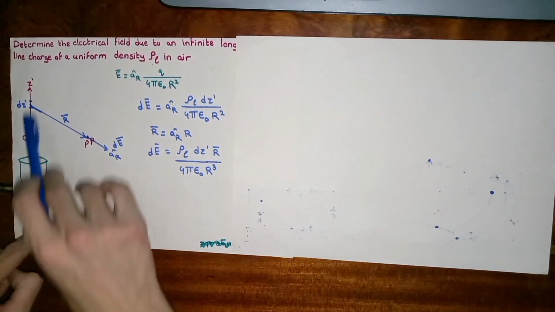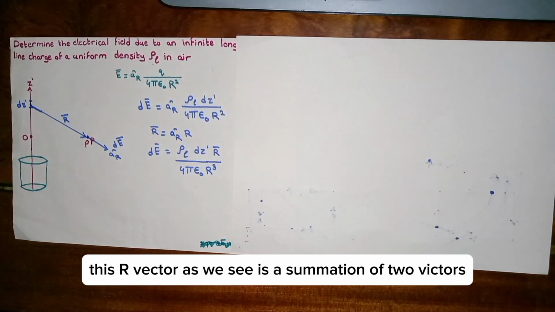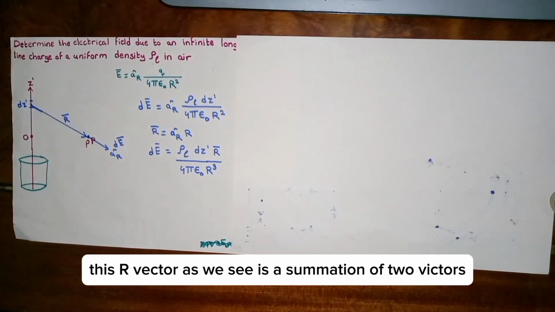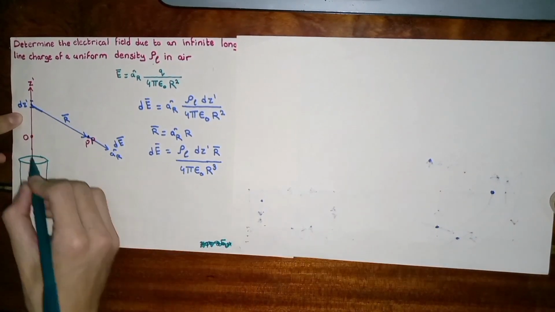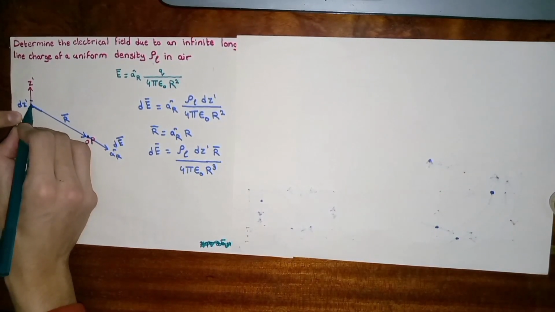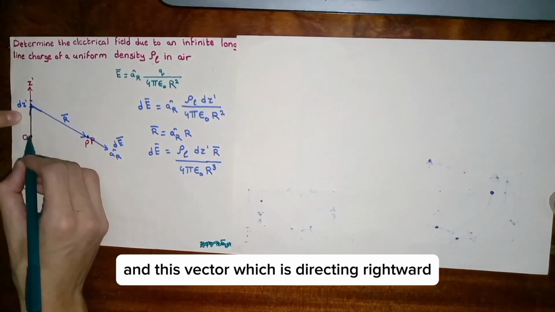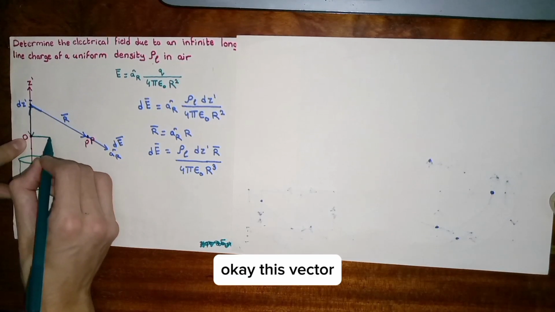Firstly, this R vector, as we see, is a summation of two vectors. According to tip to tail, it is the summation of this downward vertical vector and this vector directed rightward.